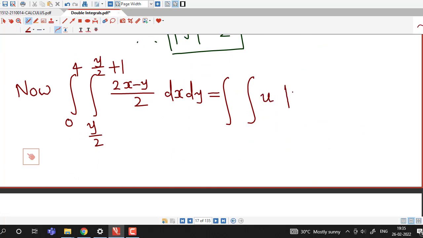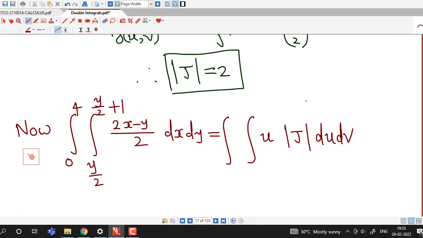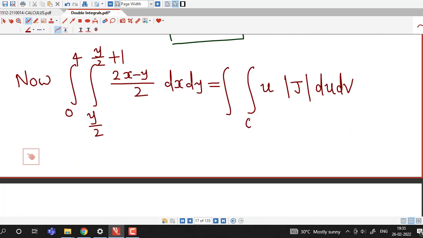and dx dy will be replaced by the absolute value of the Jacobian times du dv, and the limits of integration are u from 0 to 1, v from 0 to 2. Here we have 0 to 1 and 0 to 2.